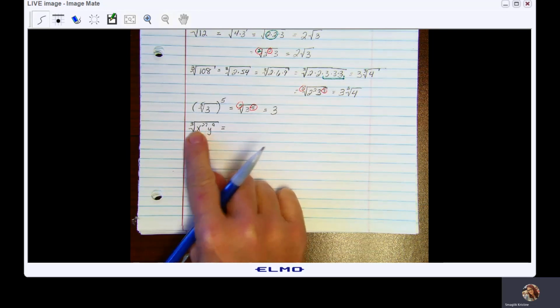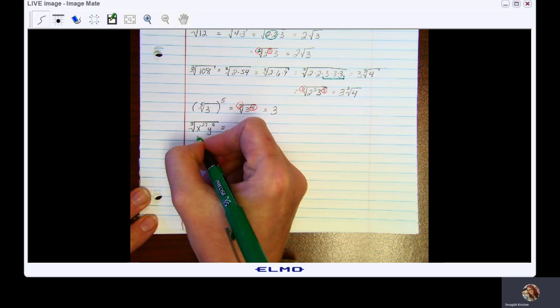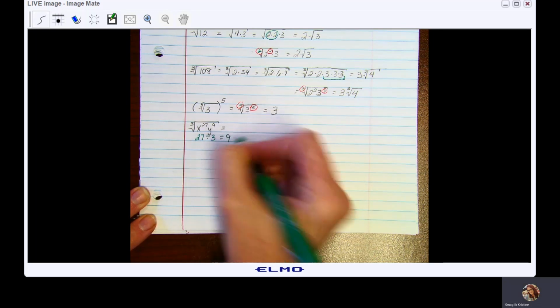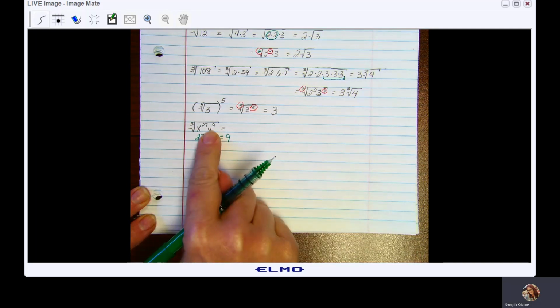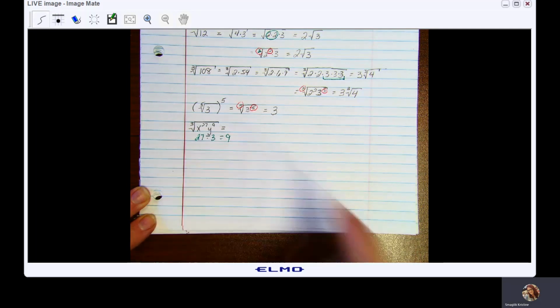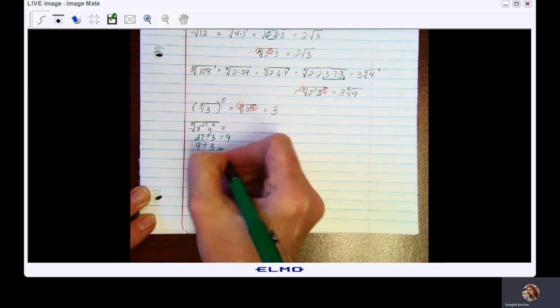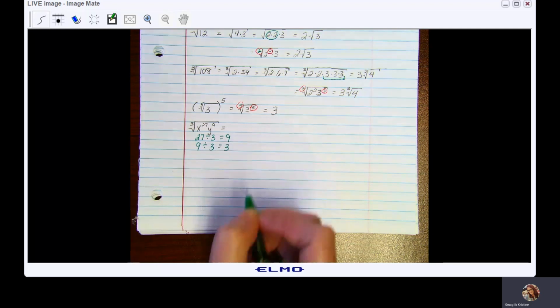If this is x raised to the 27th power, that's x times itself 27 times. So how many different sets of 3 x's can I get? Let's just take 27 divided by 3. Well, that equals 9. How many sets of 3 y's can I get if I've got y times itself 9 times? Well, 9 divided by 3 is 3.